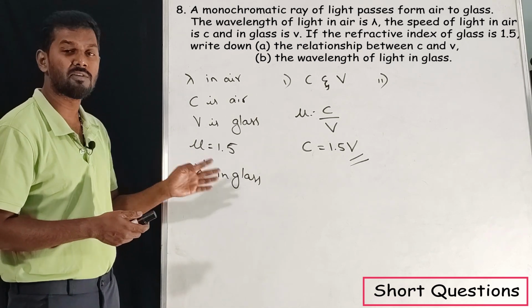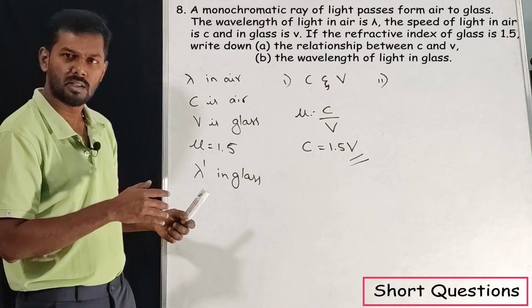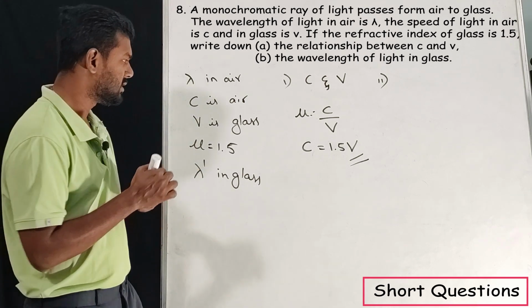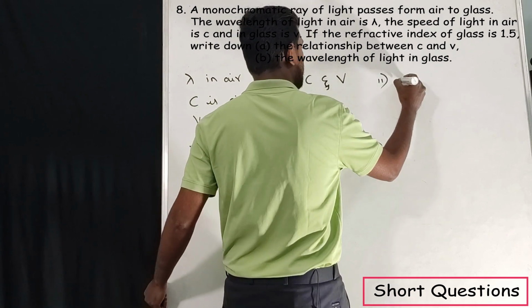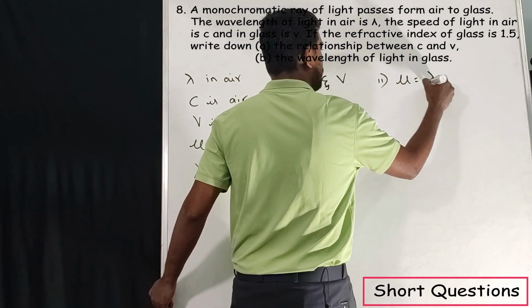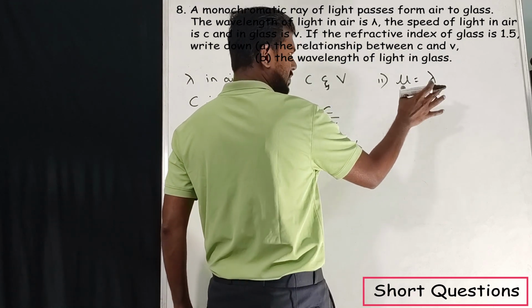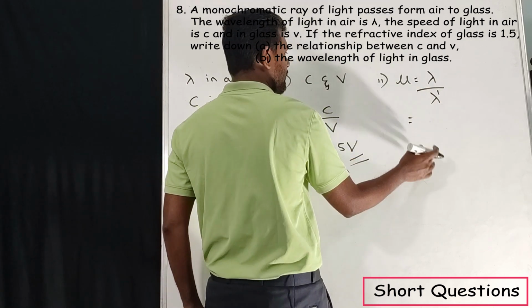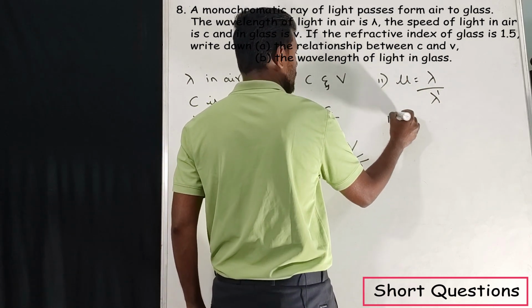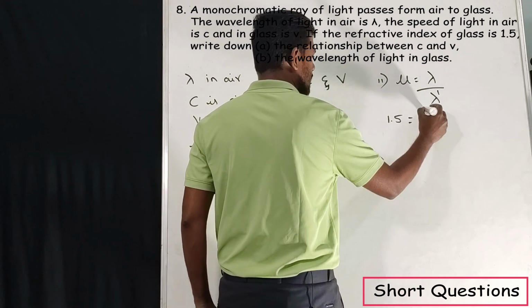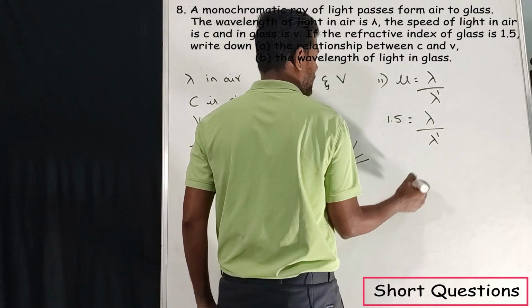Lambda dash will tell us the wavelength of light in the second medium. That will change when the medium changes, the wavelength will also change. Next, how are these two related? Mu is equal to lambda by lambda dash. This is the formula we have learnt in the concept video. Substitute the values. This is 1.5, and mu is given in the question, lambda by lambda dash.